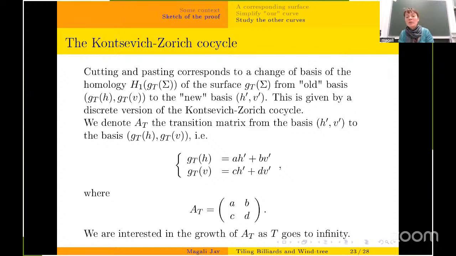So I want to know how this matrix grows when the time goes to infinity, and I want to find a bounded direction, a direction where when I apply this matrix, the direction stays bounded.